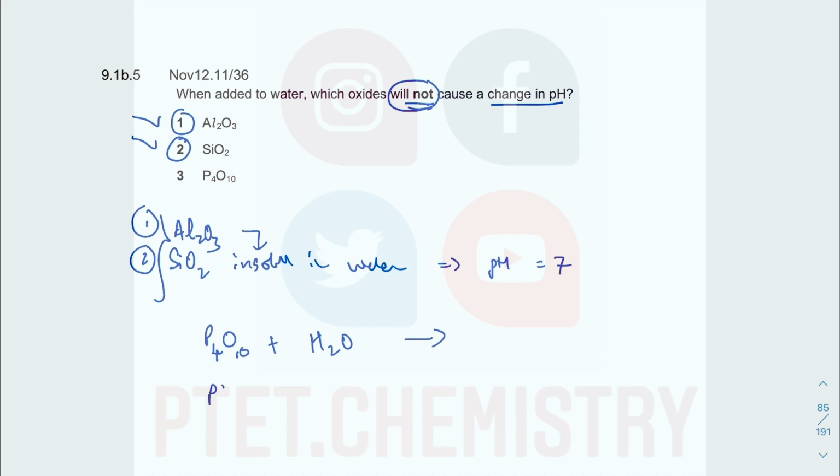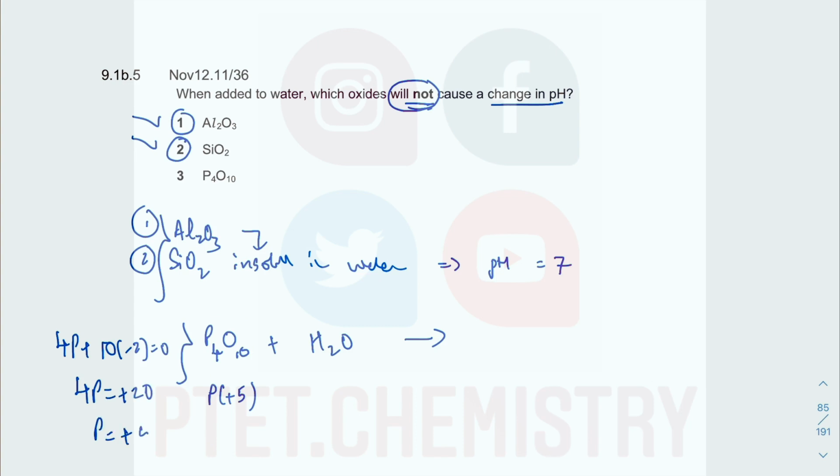So this is phosphorus plus 5, the oxidation state, as you have learned from being able to work it out. So you have 4 phosphorus plus 10 oxygen. Each oxygen is minus 2. The overall oxidation number is 0 because there's no charge. So 4 phosphorus is plus 20.